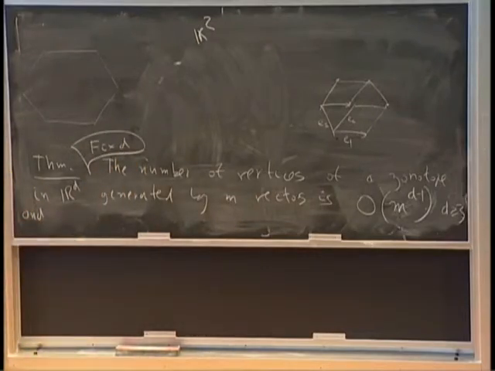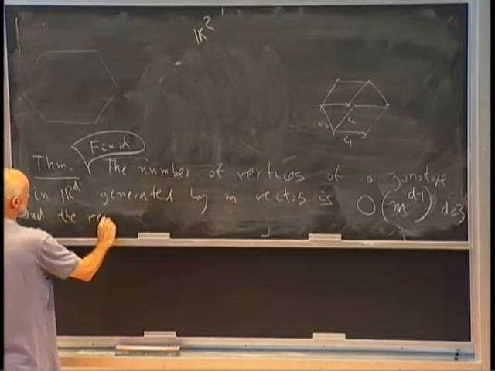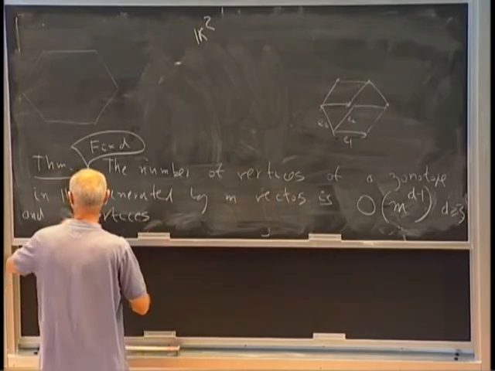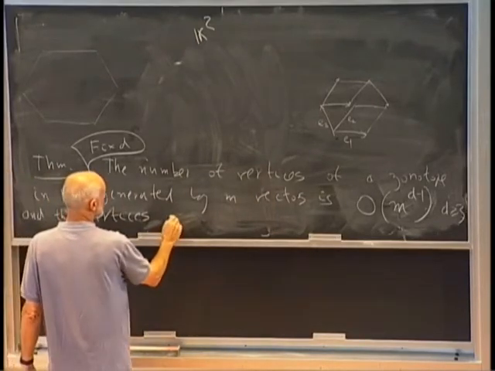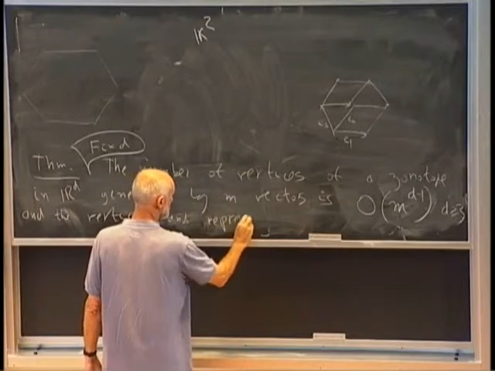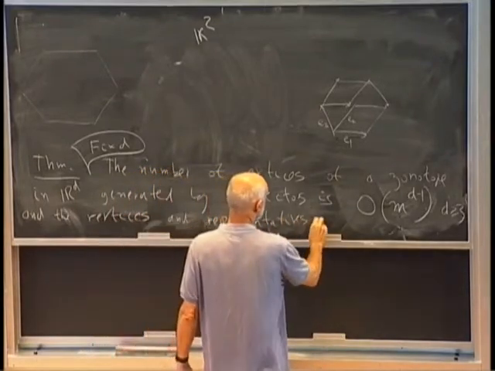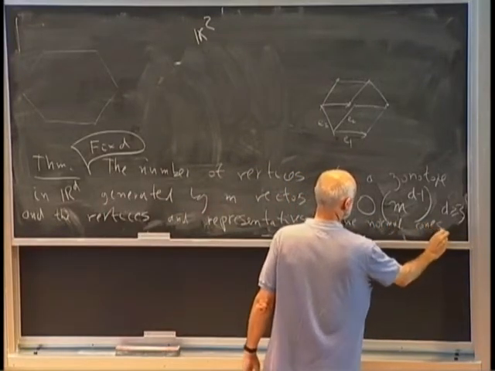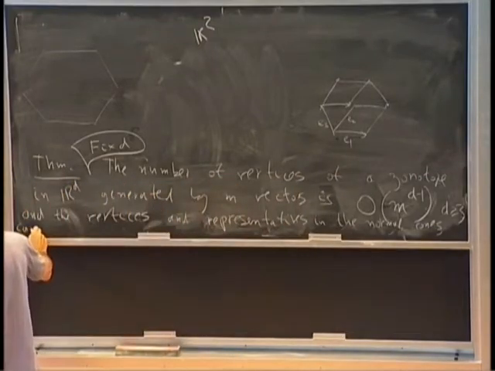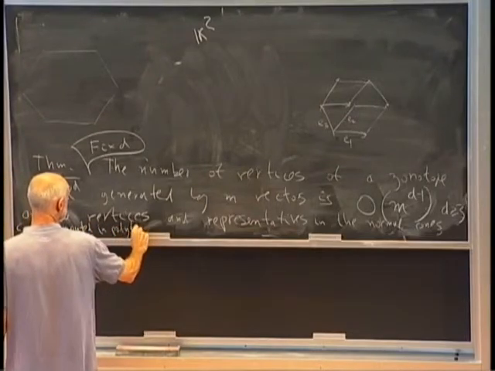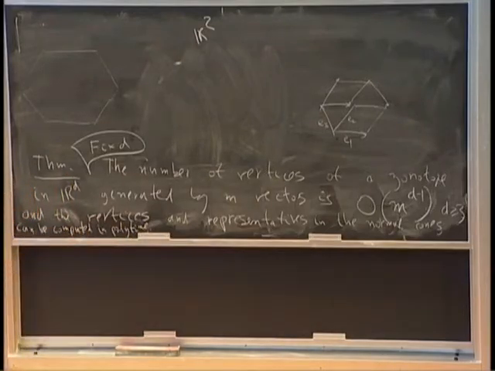Then the number of vertices of a zonotope in R^d generated by m vectors is this, and the vertices and representatives in the normal cones can be computed in polynomial time. And polynomial time again means something like this, order m to the d.